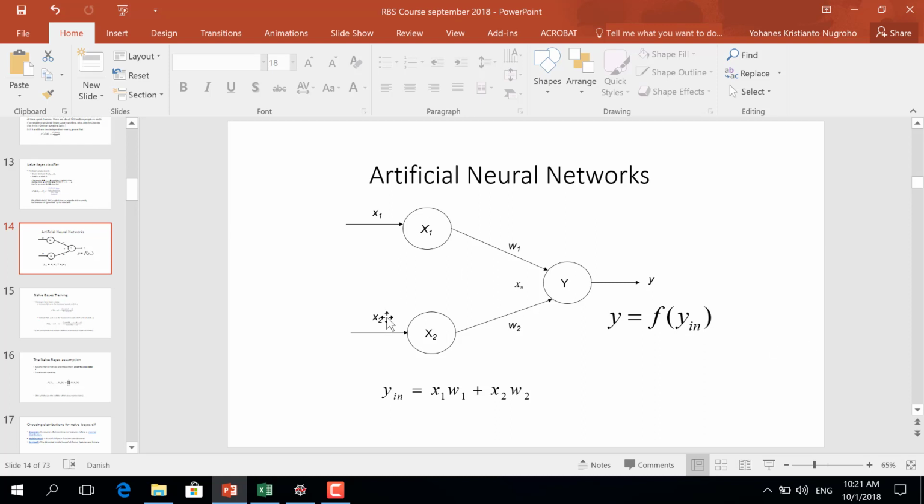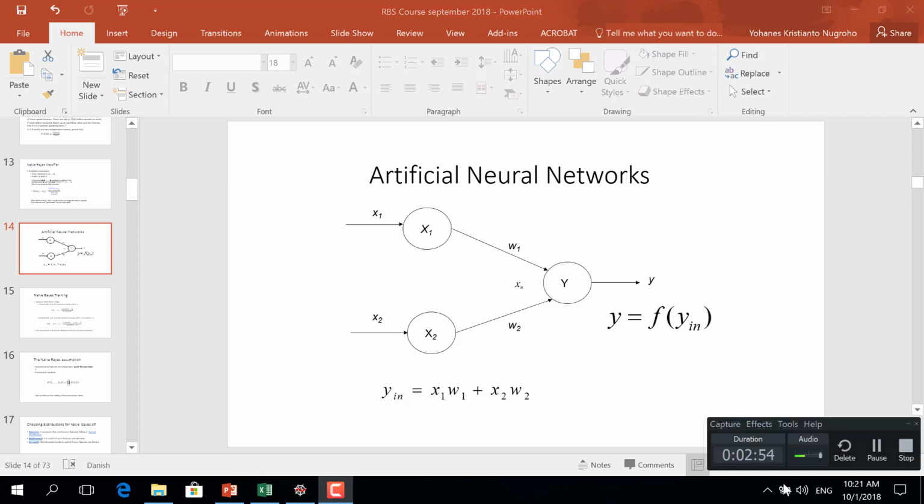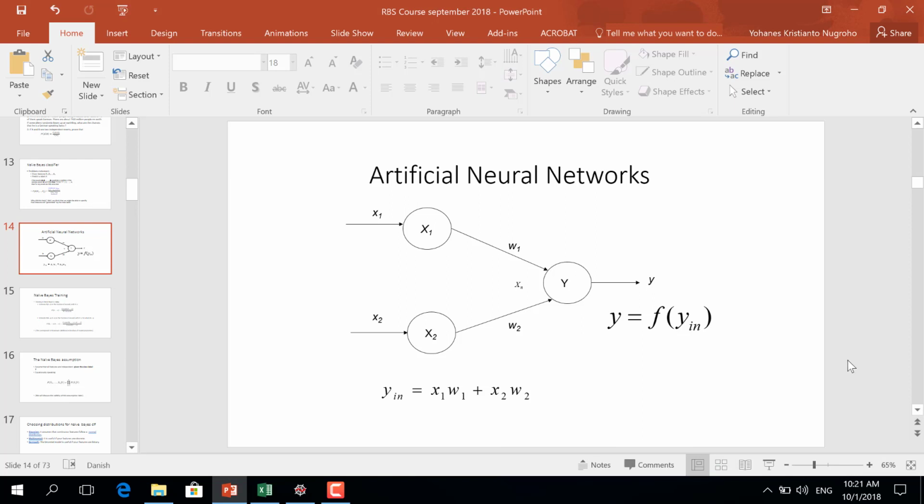So x1 and x2 are the features, and w1 to w2 are the weights. Therefore, now we have to find the value of y. According to this artificial neural network, we have to find a classifier that can minimize the difference between the expectation of y and the real prediction.